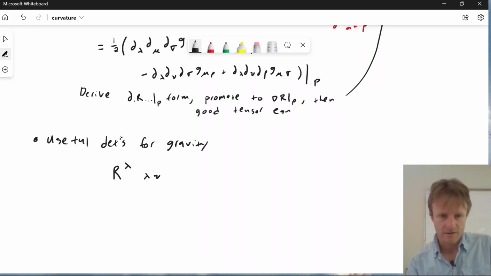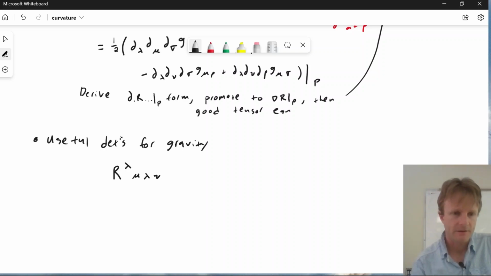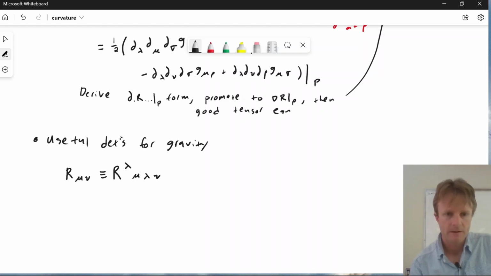And the one we choose is the third one. So we're going to write it this way. We could choose the fourth, but that's not independent, because it's antisymmetric on the last 2. So at this point, it's just a choice. But we have this contraction. This is the only interesting contraction. And that's going to be called R mu nu, which is the Ricci tensor.